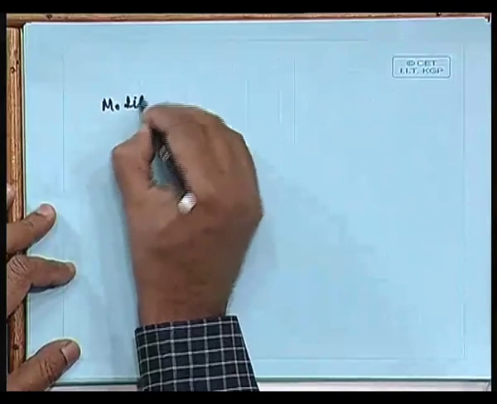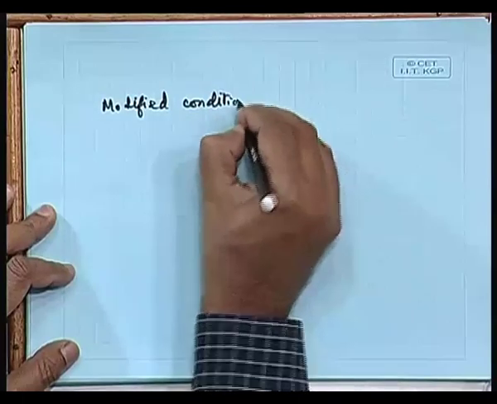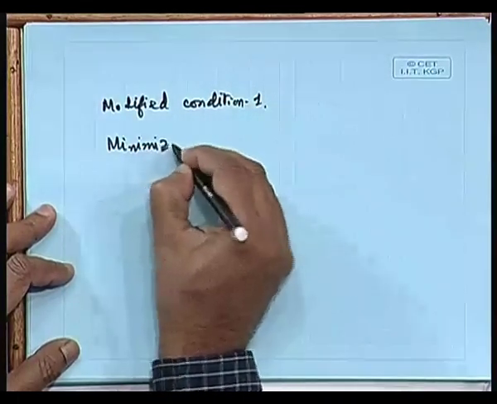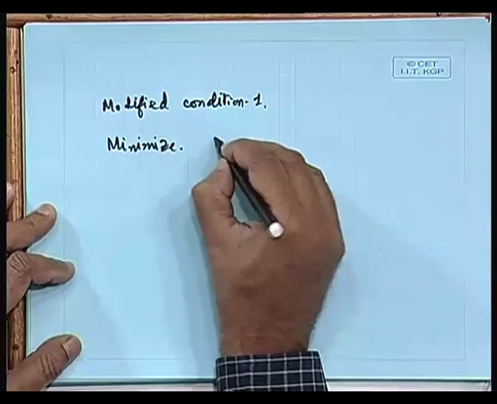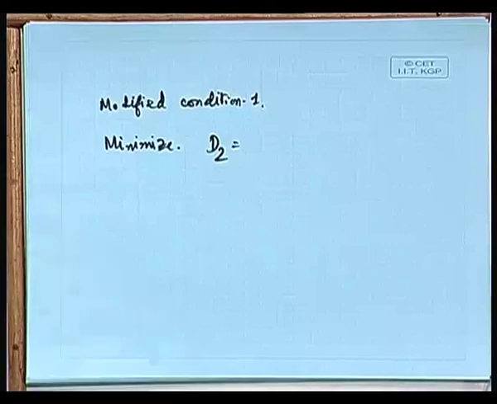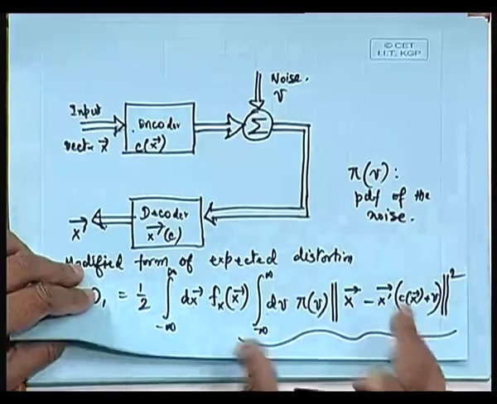The modified condition 1 is to minimize, again, some distortion measure D2, and what is that distortion measure D2? That is nothing but this. We have to modify this.